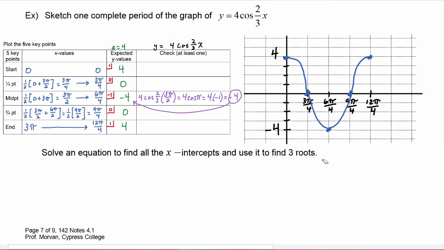Now, the way we'll find the x-intercepts or find the roots is we'll solve an equation where we set the argument of the function equal to the normal place where all the roots are. Now, the argument of our function in this case is 2/3 x.